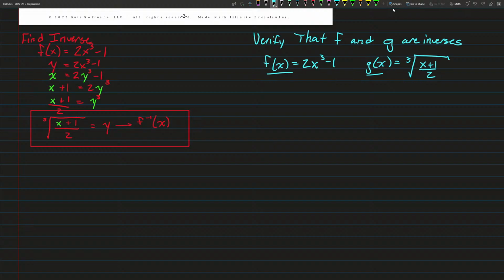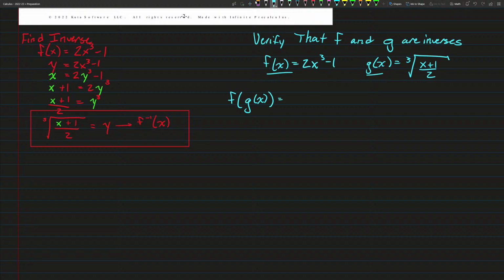Keep in mind these two questions, assume they're not the same. In order to do this, what we do is we compose f of x with g of x, and we see what we can simplify to.